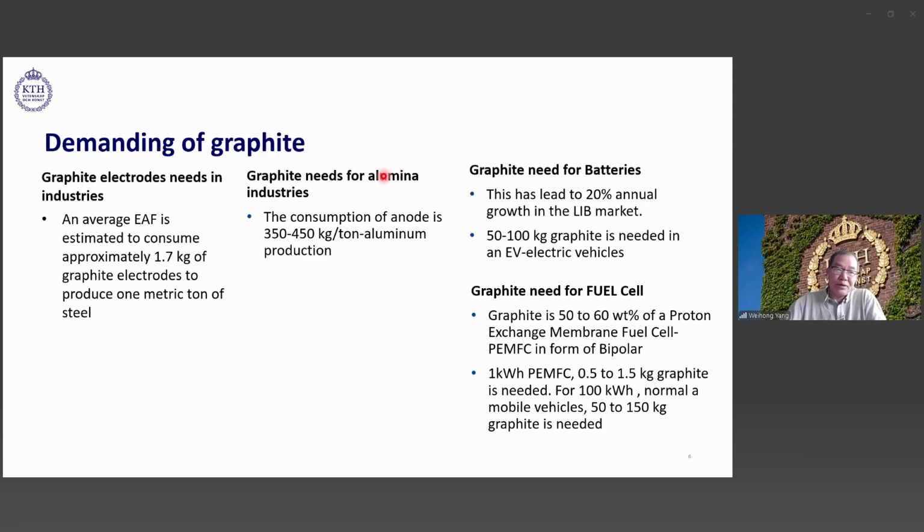Let's look at some academic numbers. For graphite in a steel plant with an electric arc furnace, 1 ton of steel making needs about 1.7 to 3 kilograms, depending on the facility. When you talk about 1 billion tons of steel making, you can think about how much graphite we need. Another big application is aluminum.